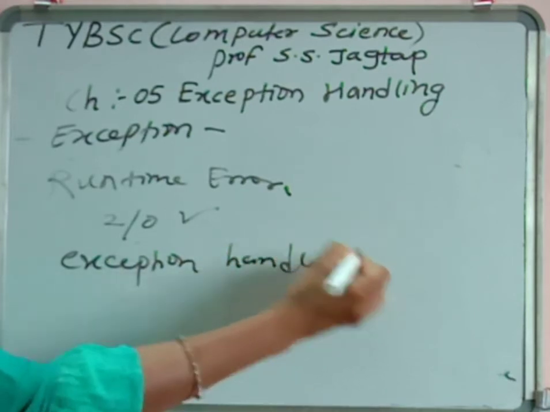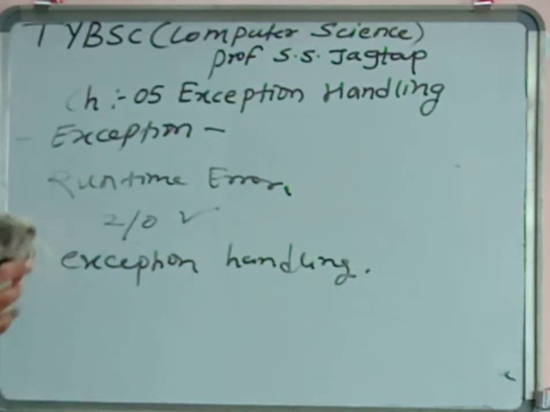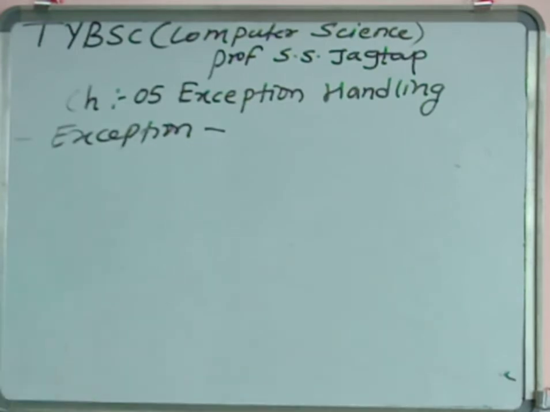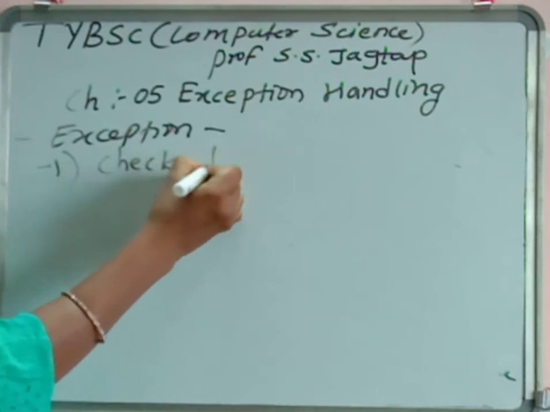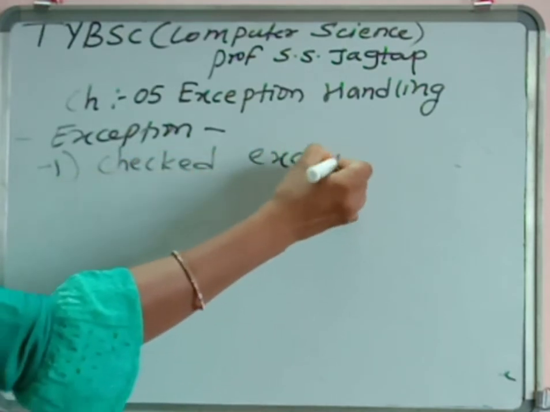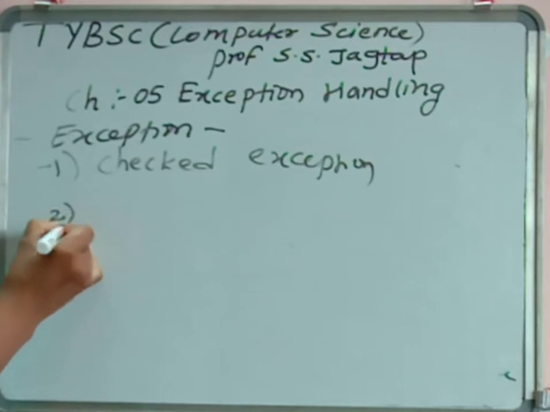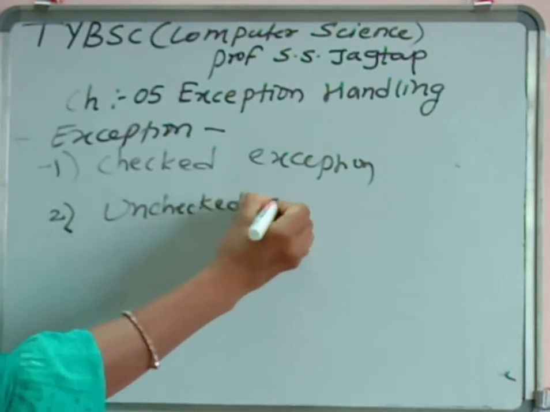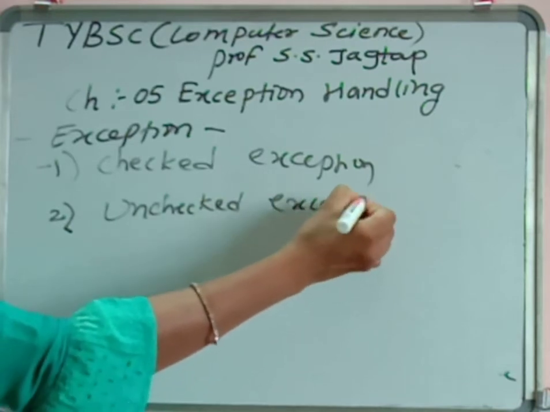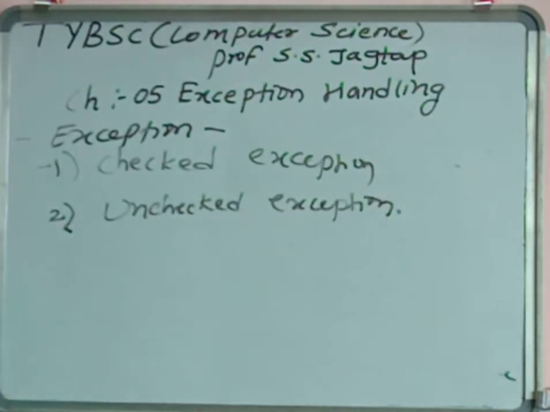Exceptions are of two types. First is checked exception, and second is unchecked exception.